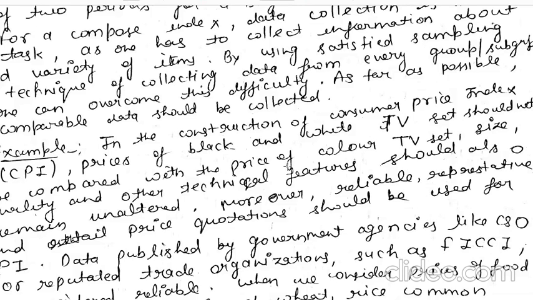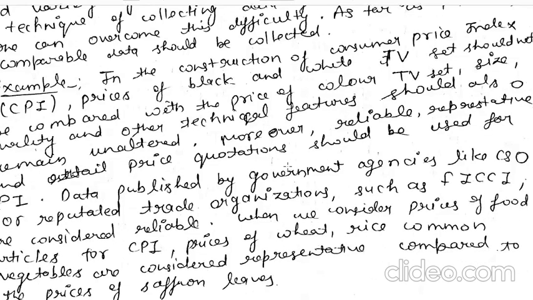Data published by government agencies like CSO or reputed trade organizations such as FICCI are considered reliable. When we consider prices of food articles for CPI, prices of wheat, rice, common vegetables are considered representative compared to the prices of saffron.